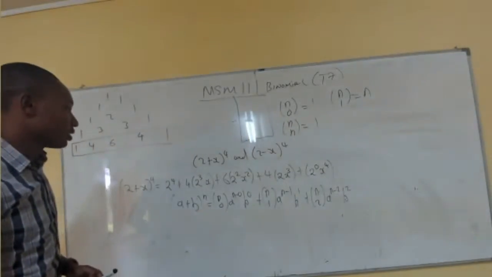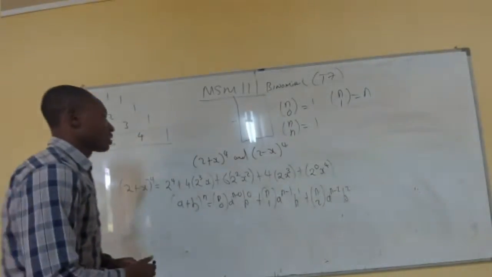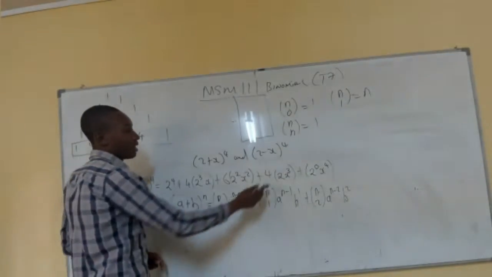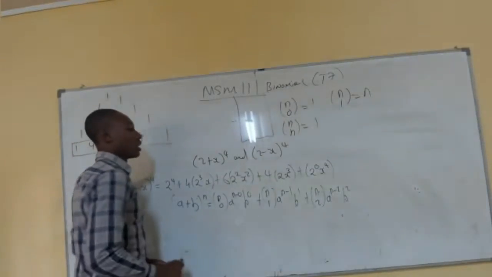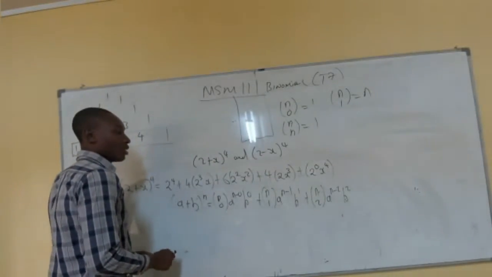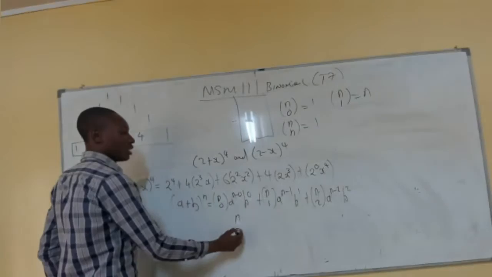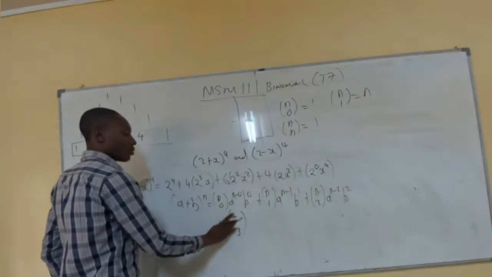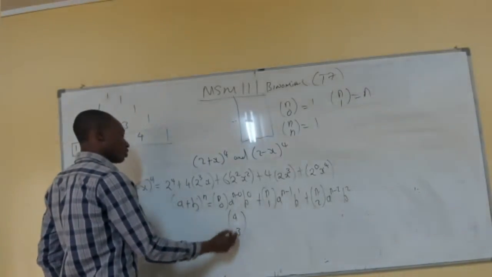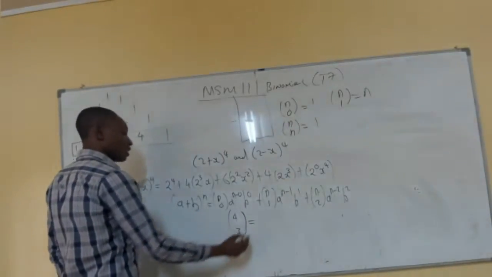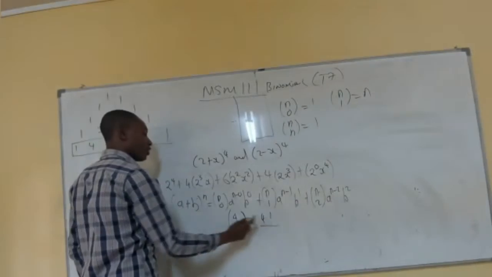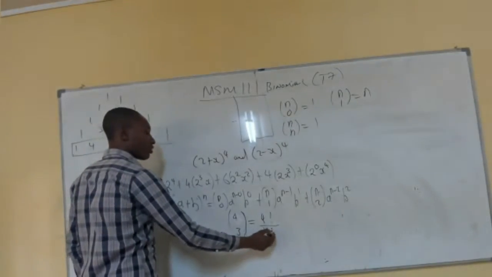That having been said, let's look at how the 4 came up. This 4 is the 4th term, so 1, 2, 3, 4. Since it's the 4th, we have n choose 3, which in this case is 4 choose 3. So what is 4 choose 3? 4 choose 3 is 4 factorial over 4 minus 3, which is 1 factorial, times 3 factorial.